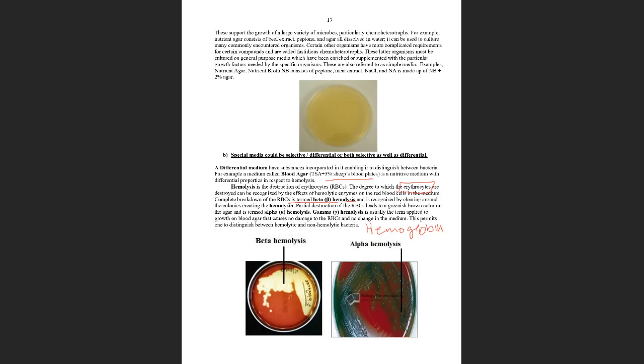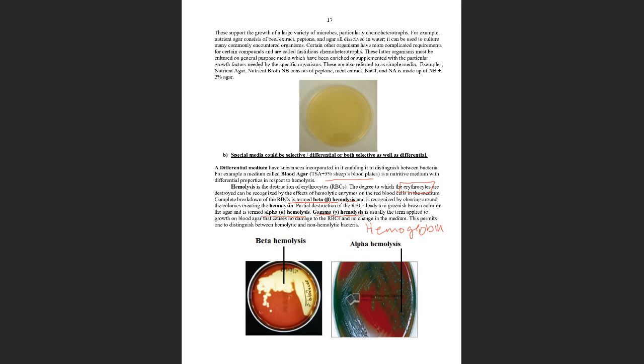It's called complete or beta hemolysis, partial or incomplete hemolysis called alpha hemolysis, and some bacteria do not cause hemolysis at all, which is referred to as gamma or no hemolysis. So alpha, beta, gamma.